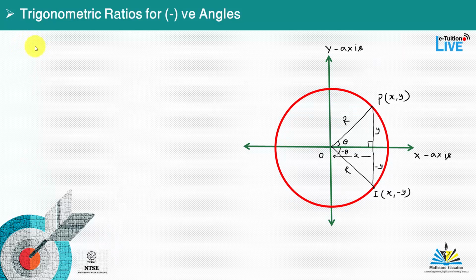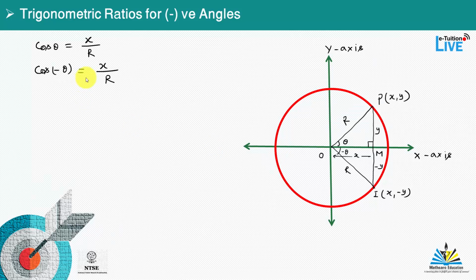Let's move on to another trigonometric ratio, that is cos theta. Cos theta is base upon hypotenuse, so base is x upon hypotenuse, which is the radius. In the same way, cos of minus theta in triangle OIM is equal to x upon radius.